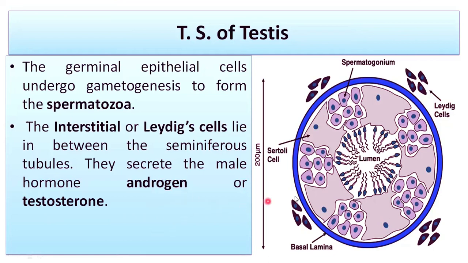I already explained. Now this is the transverse section of the testis, where the main portion is the collection of the sperm. From this 400 million sperm, only one sperm that has the capacity or energy can enter into the female body, fuse with the egg, and form a zygote.